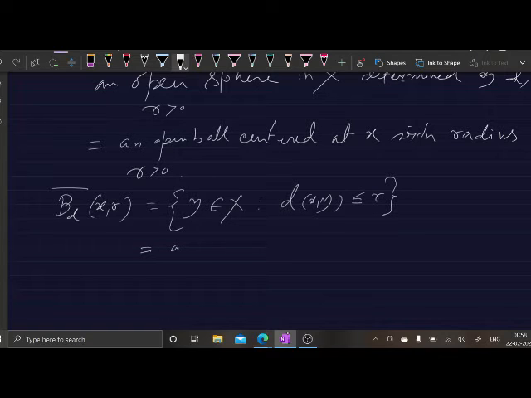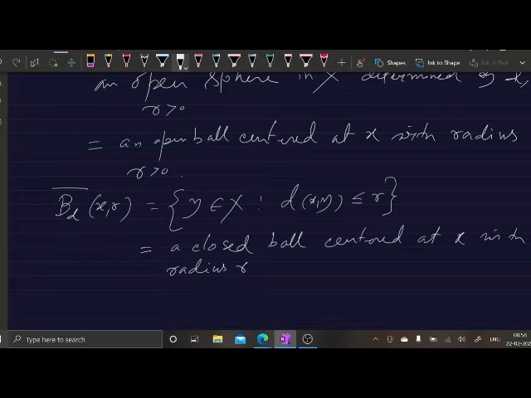This is called a closed ball centered at x with radius r.